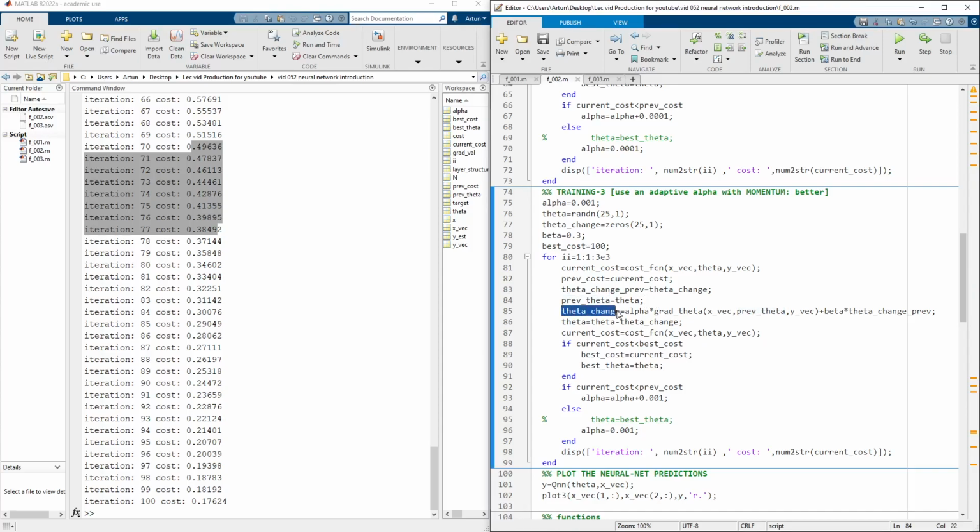And this theta change means delta theta i. This is the exact formula that we wrote on the tablet, and this is the second exact formula that we wrote on the tablet. Then we are again computing the cost for the updated theta value. So let's run that.